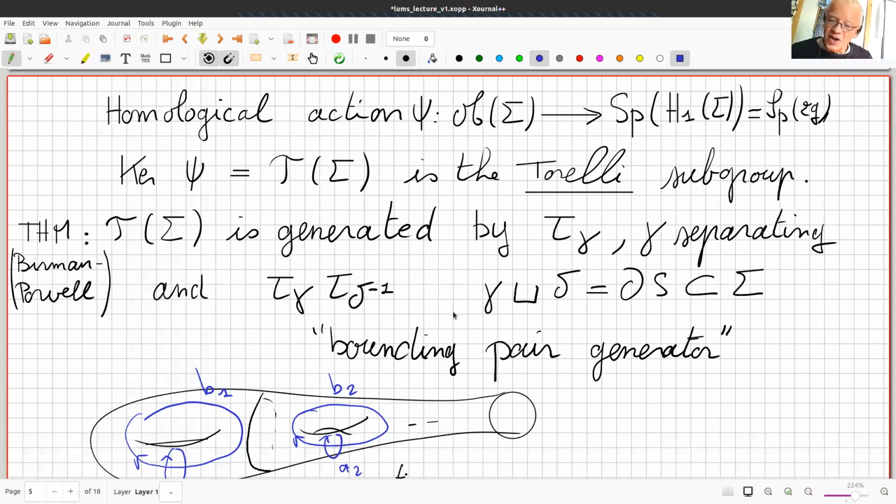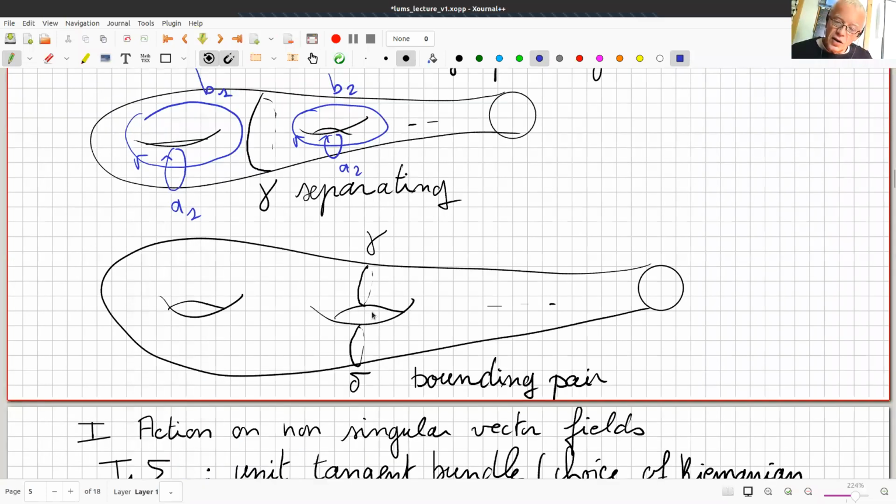So a bounding pair is like this. You take two curves, gamma and delta, which together bound a subsurface. This subsurface is here. And then you can compose one Dehn twist along gamma with the reverse twist along delta, and you can prove that this is also an element of the kernel.